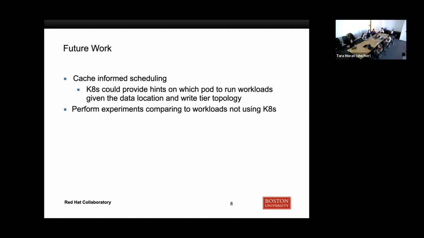And since D4N has a write tier compared to the D3N projects, we can also associate those sets of pods to those same write tier topologies. And after this, I would like to perform experiments comparing the workloads with and without Kubernetes to see if there is actually a performance increase or decrease.